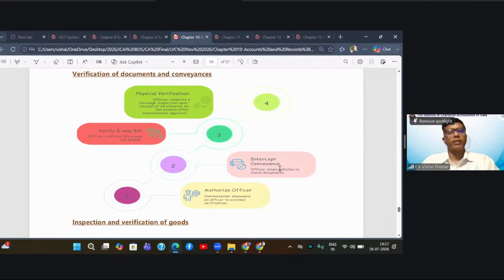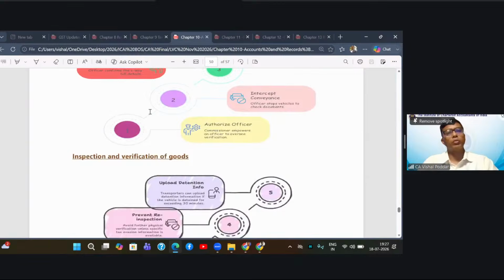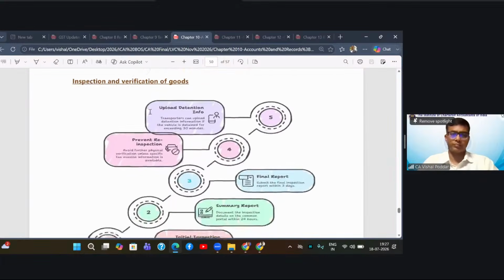So for verifying whether your goods are supported by proper invoice, proper e-invoice, proper e-way bill, the officer has the power to intercept the vehicle, stop the vehicle, and ask you to produce all the documents. Wherever required, the officer can also conduct physical verification. So wherever the officer feels that the goods in the vehicle are different from what you have written in the invoice, the officer can also do physical verification.